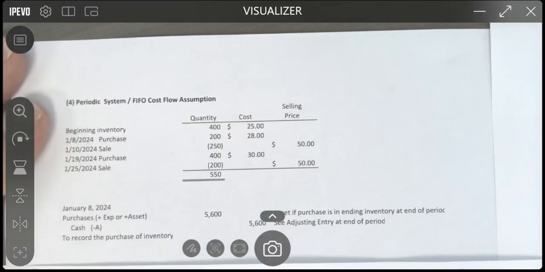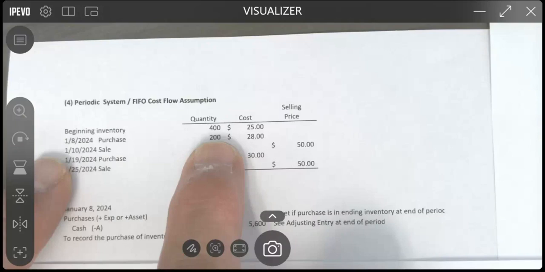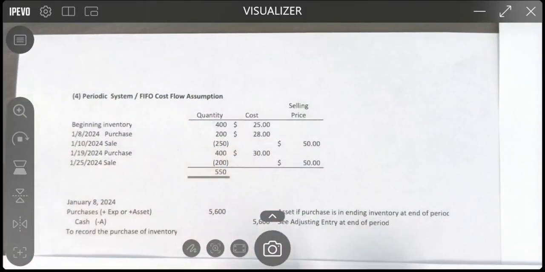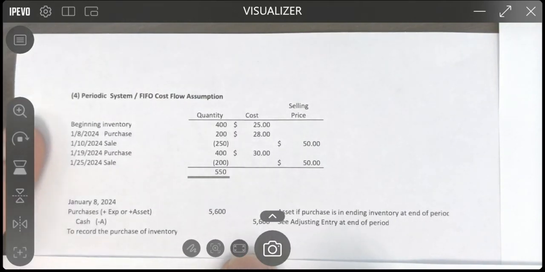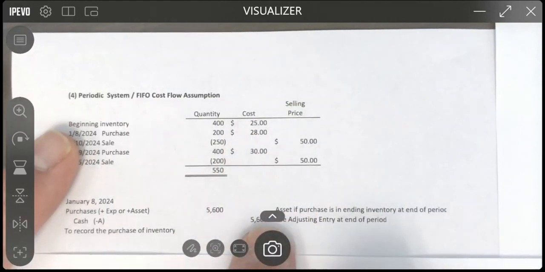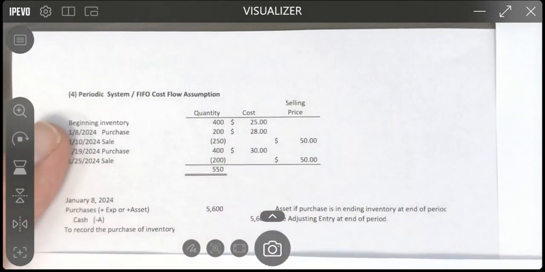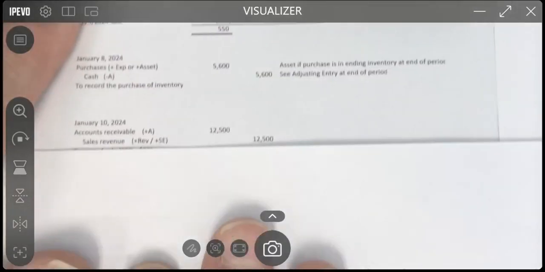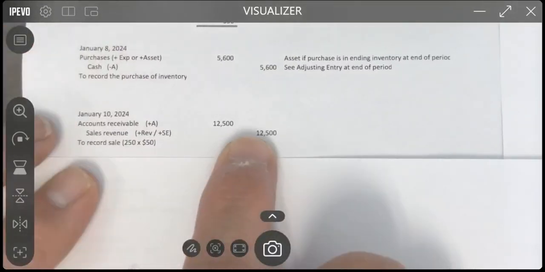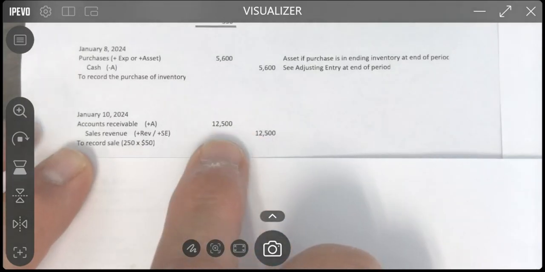And there's the journal entry we made on January 8th when we made this purchase, of course, 200 balls at 28. On January 10th, we had a sale, 250 at 50 per ball.